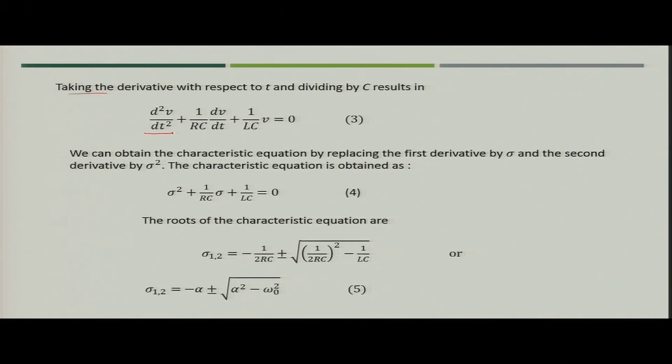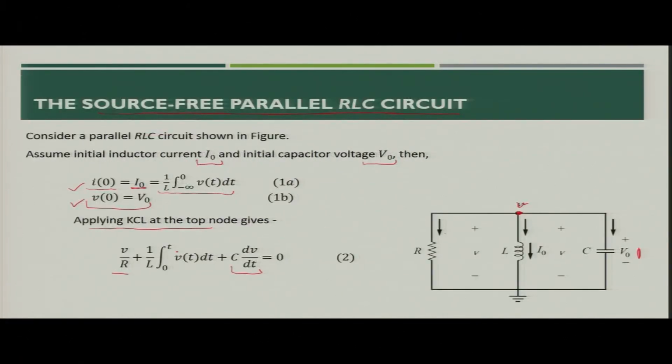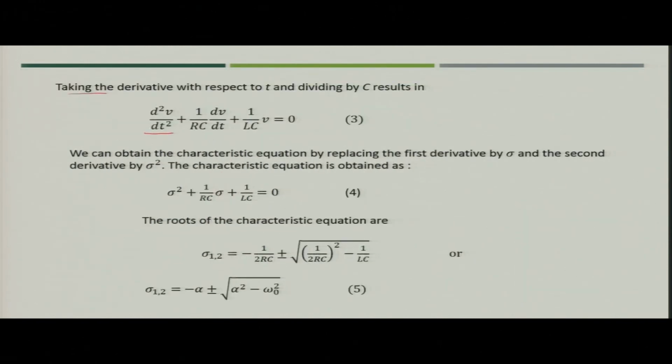So, what we will get? We will get d2v by dt2 plus 1 by RC dV by dt plus 1 by LC into V equal to 0. Basically, the value of the component C, you can take in the denominator.